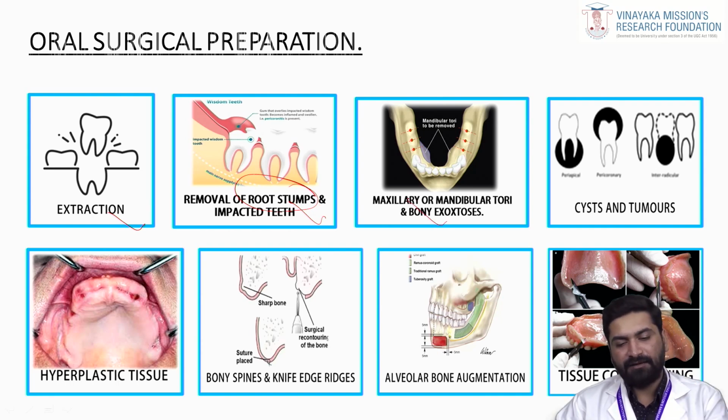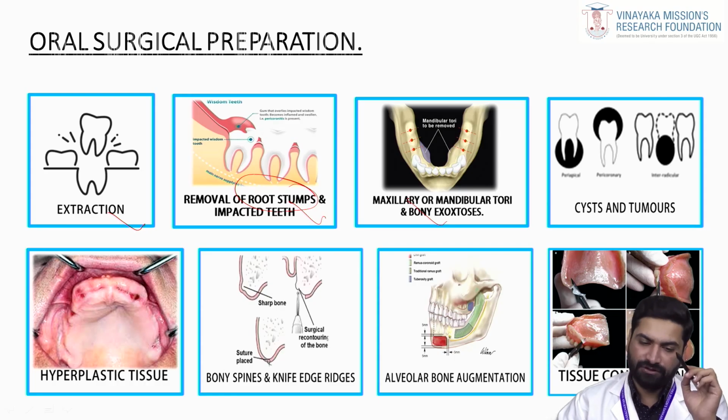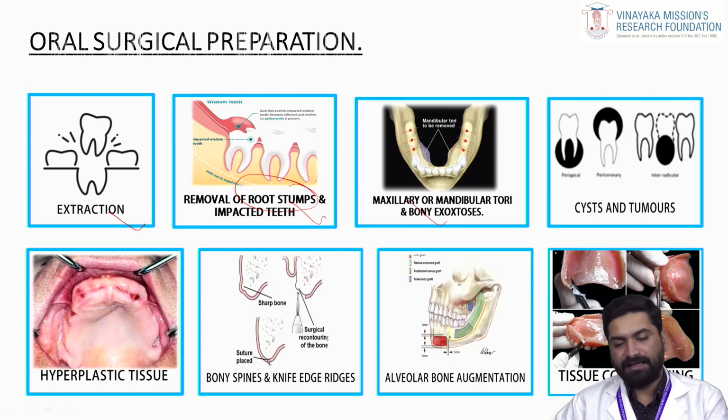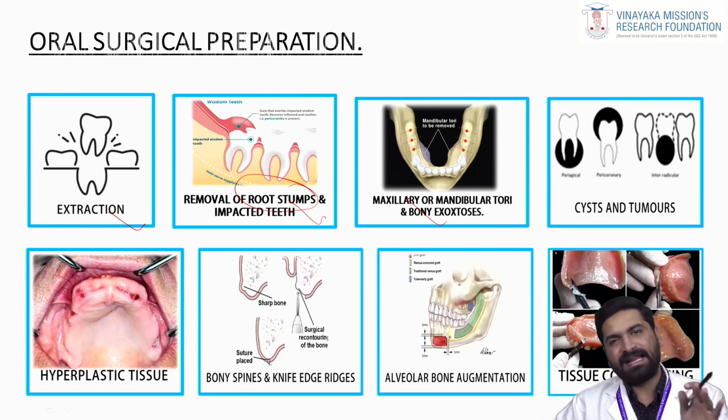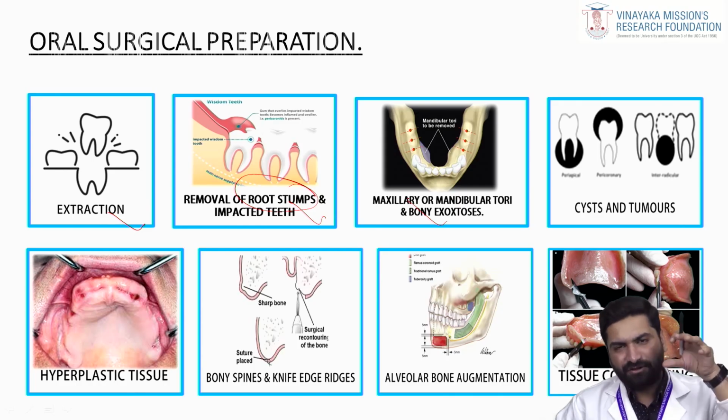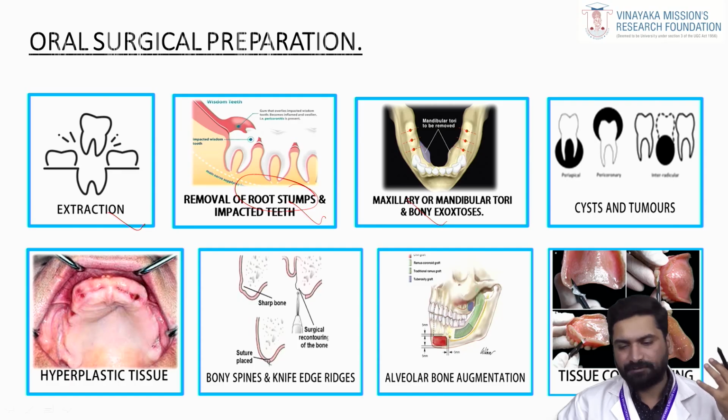Then you have maxillary and mandibular tori and bony exostosis, correct? So in that case also you need to remove that tori or exostosis which is present, because that is an elevation or it might cause hindrance in your path of insertion and removal of the cast partial denture. Any sign of cyst and tumors, any hyperplastic tissue, that means the overgrowth of the tissue has to be addressed.